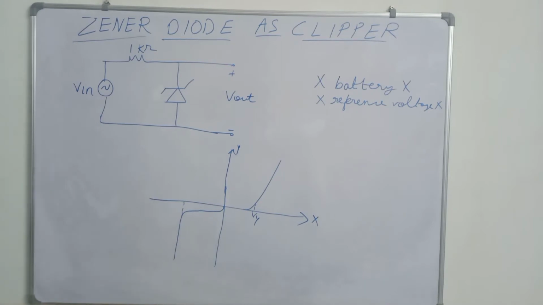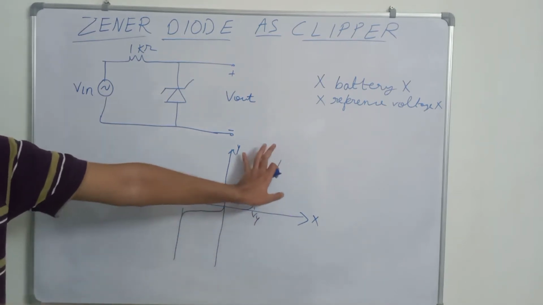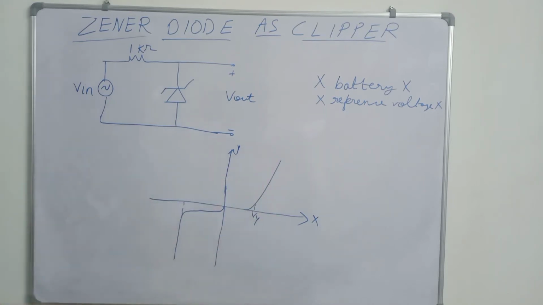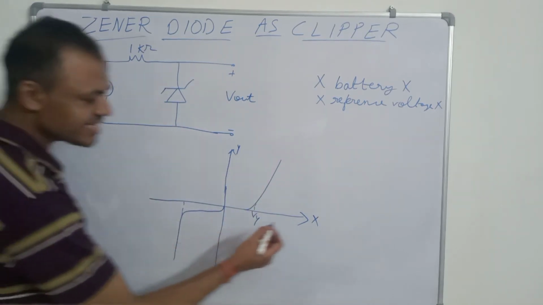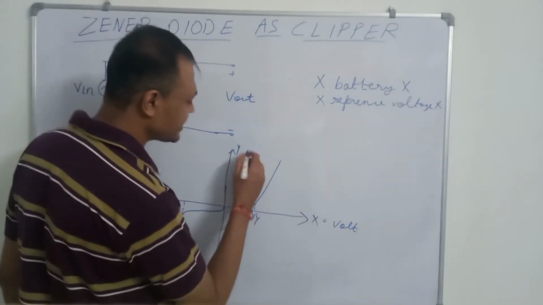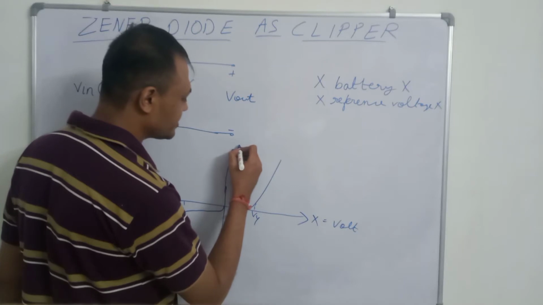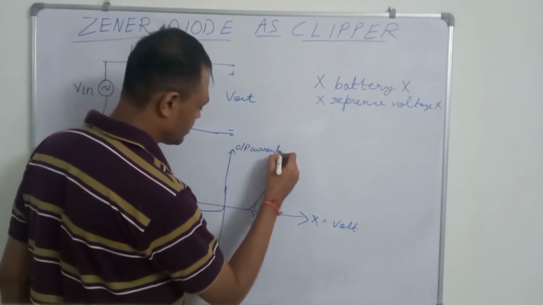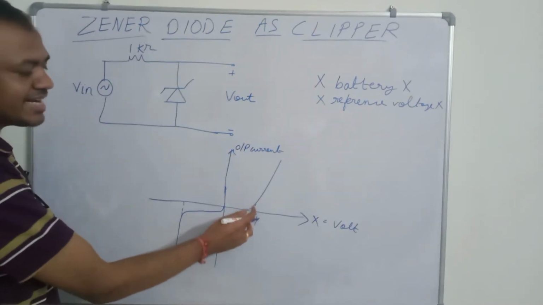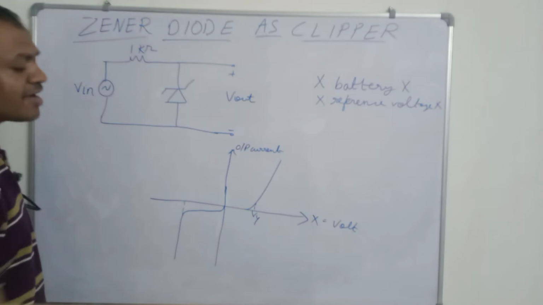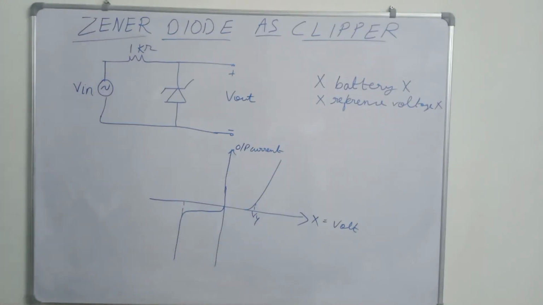On the y axis is the current, and on the x axis is the voltage. Input voltage is on x axis and output current is on y axis. Up to V gamma the Zener diode does not conduct in forward bias, and after V gamma the Zener diode conducts.